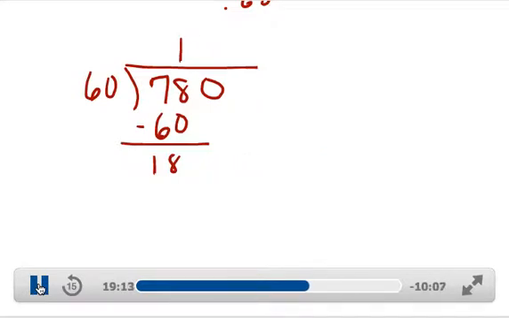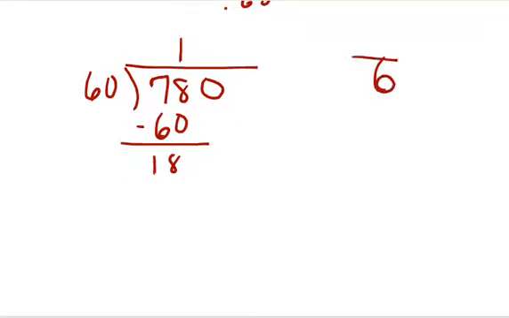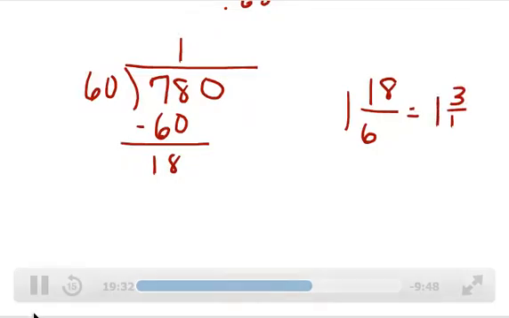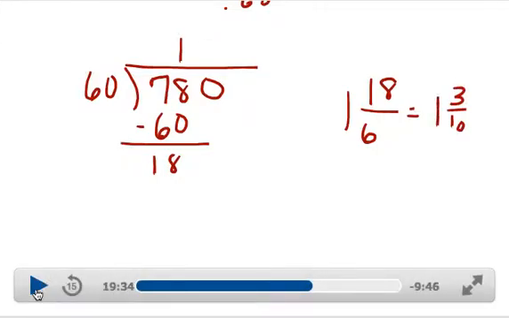So you get 2 choices. One, you take your remainder of 18 and you put it over your divisor, so it's 1 and 18/60. And if you simplify that down, that would be 1 and 3/10. And the 0 disappeared there. Or you keep dividing.